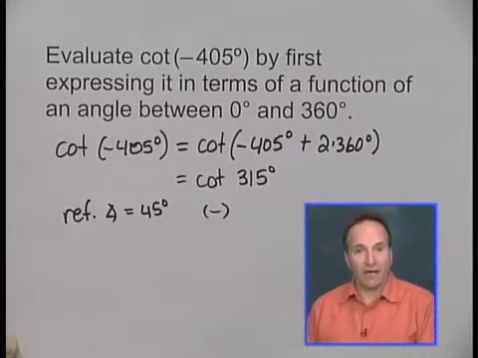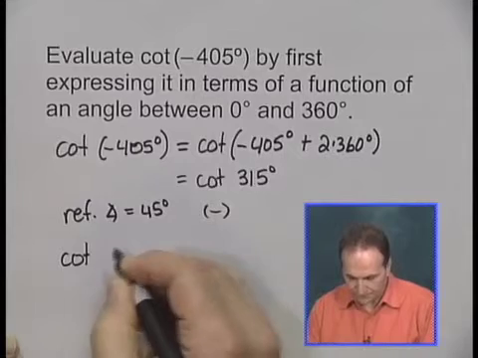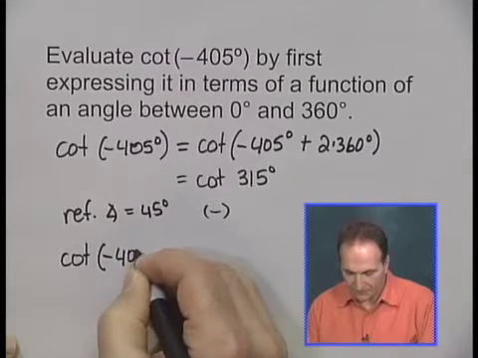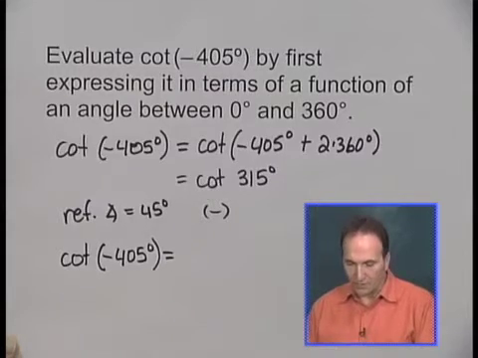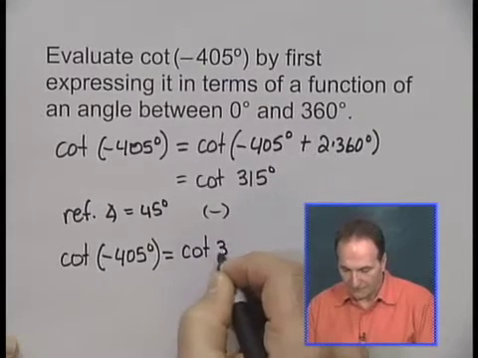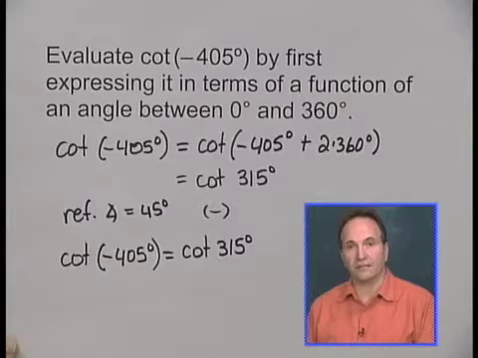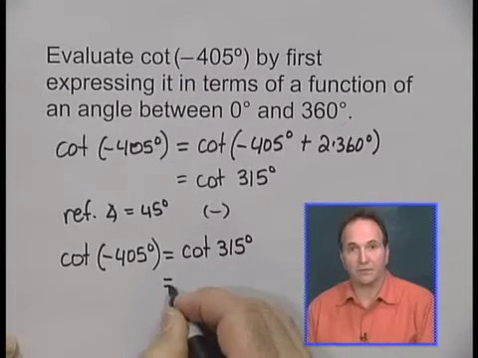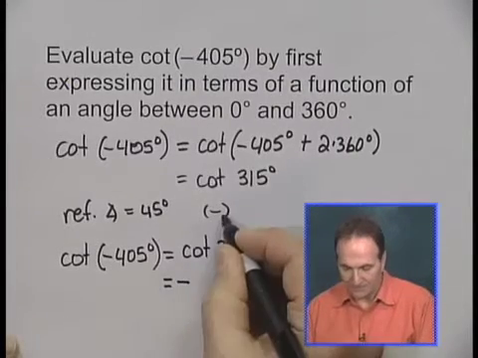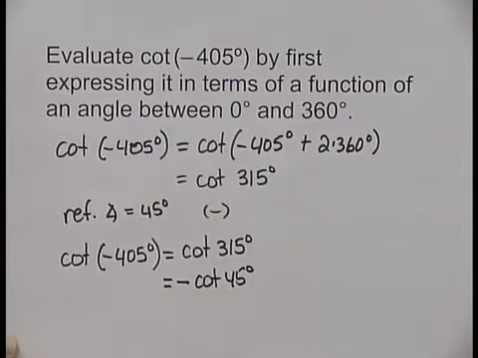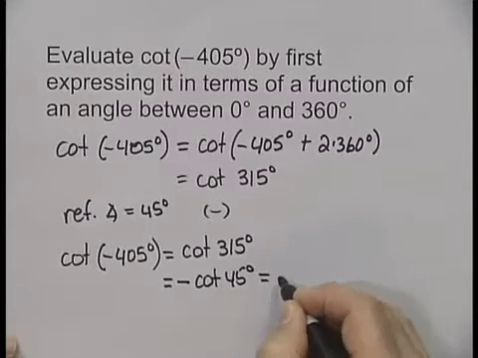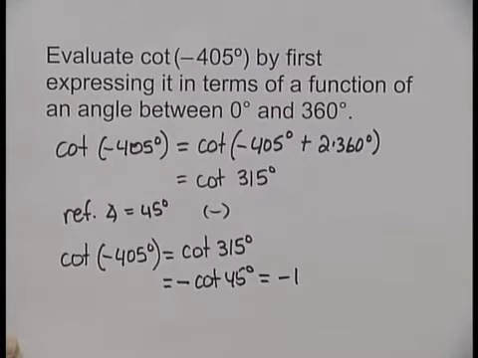So we now write that the cotangent of negative 405 degrees is equal to the cotangent of 315 degrees, which is then going to be equal to negative the cotangent of 45 degrees. And that's equal to negative 1. So the cotangent of negative 405 degrees equals negative 1.